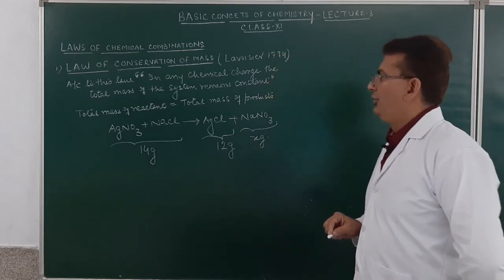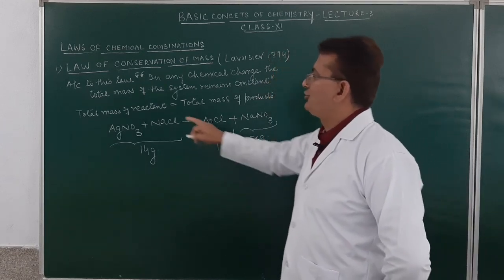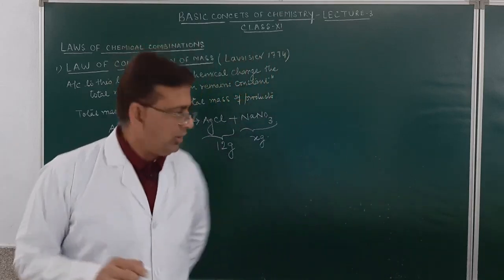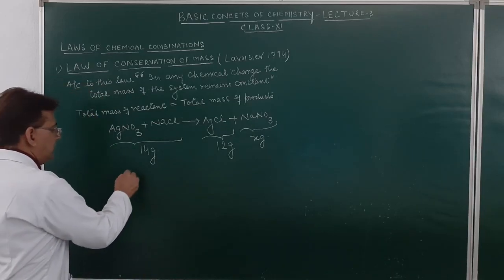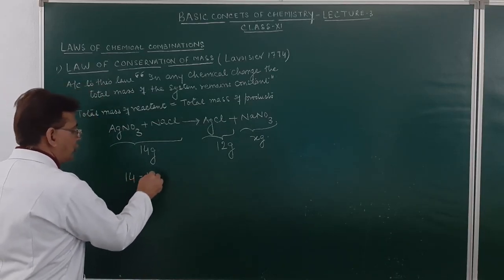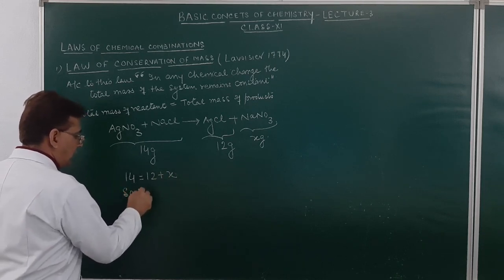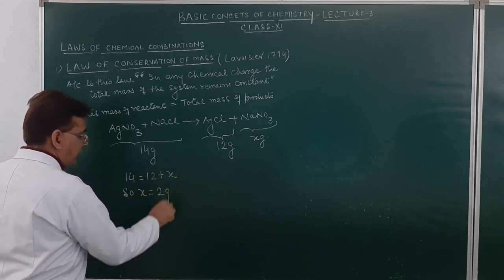Am I clear? So which law will I apply? The total mass of the reactants will be equal to the total mass of the products. So over here, 14 will be equal to 12 plus x. So x will be equal to 2 gram.